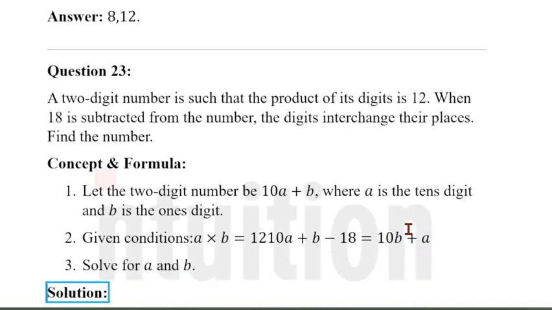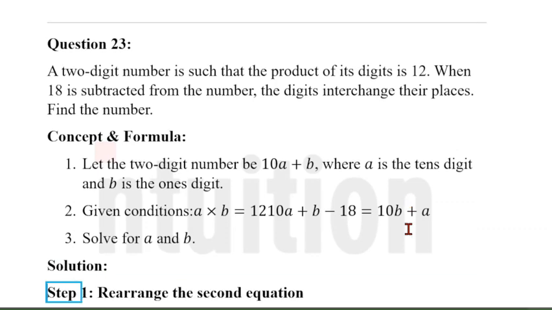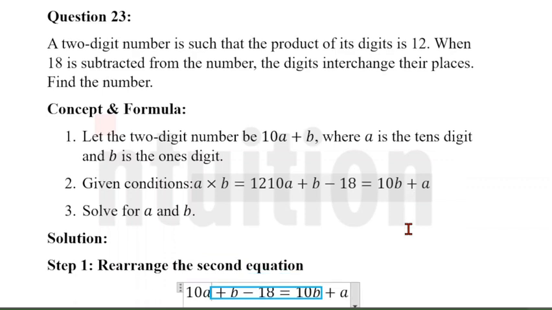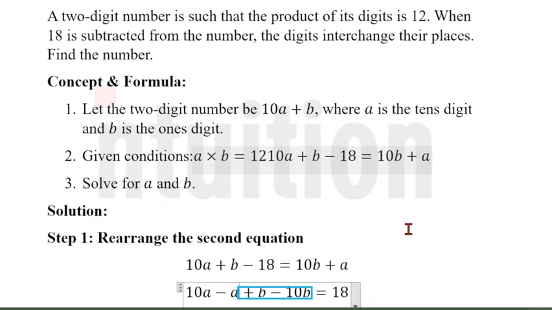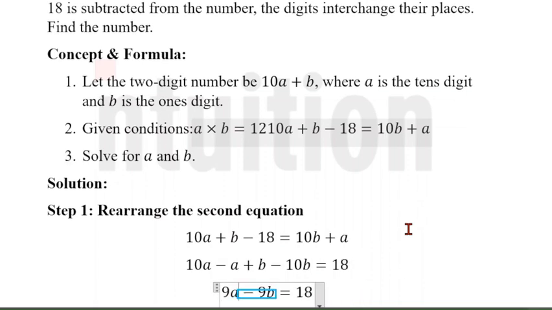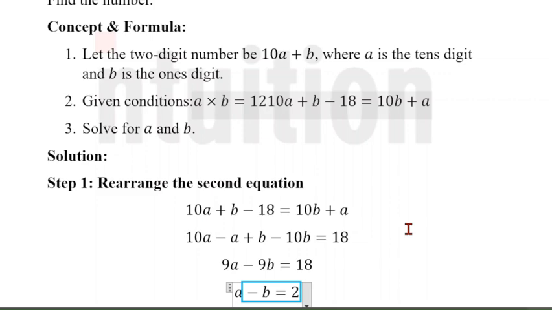Solution. Step 1. Rearrange the second equation: 10a plus b minus 18 equals 10b plus a. 10a minus a plus b minus 10b equals 18. 9a minus 9b equals 18, so a minus b equals 2.